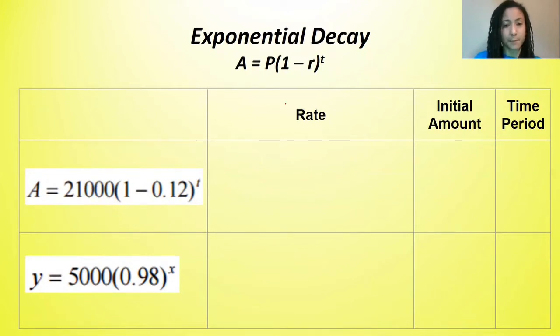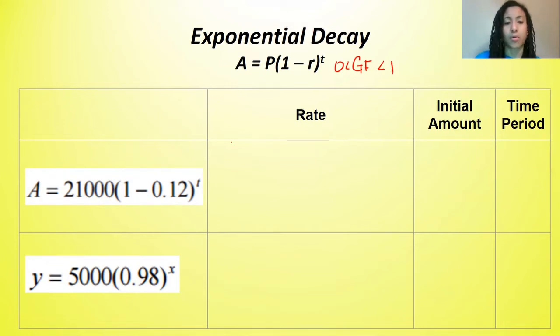So once again, decay, we know it's decay because our growth factor would be between 0 and 1. So it will never fall to 0 or below 0, and it will never be greater than 1, right?